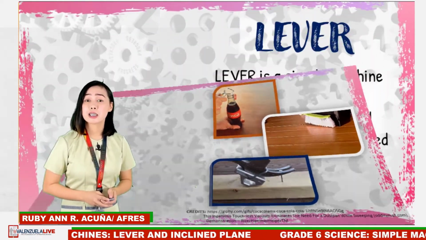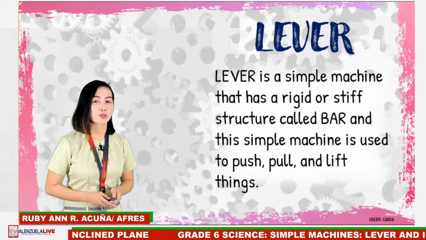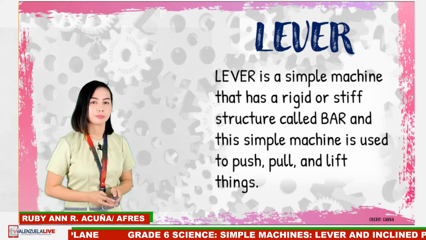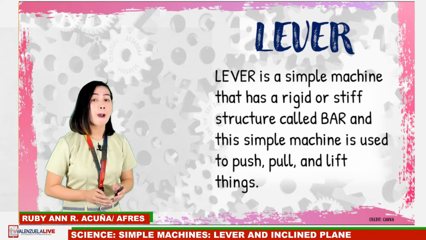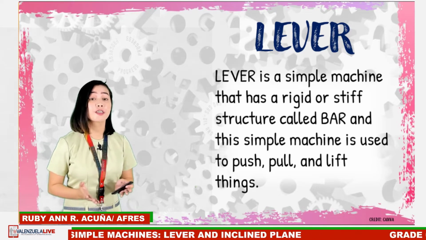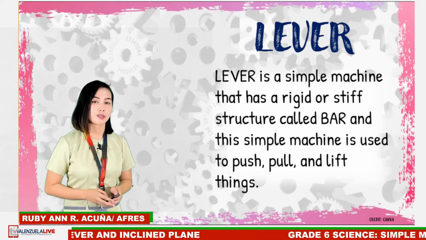A lever is a simple machine that has a rigid or stiff structure called a bar. And this simple machine is used to push, pull, and lift things. A lever has three parts.